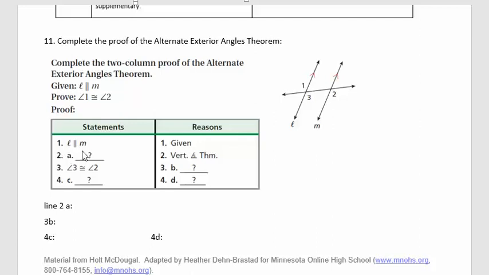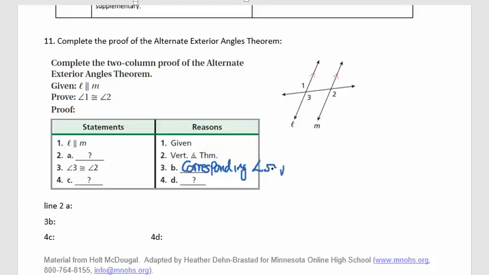So we know that the two lines are parallel. That's given. Using the vertical angles theorem, which two angles can we say are congruent by that? Only these two. And then angle 3 is congruent to angle 2 because they're corresponding angles. So that is the corresponding angles postulate, and remember, postulates we assume to be true.